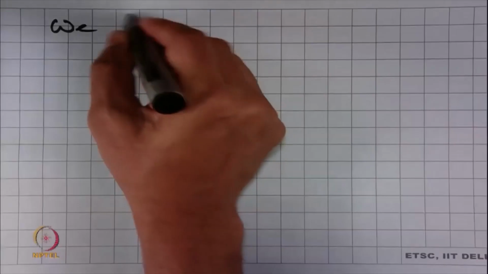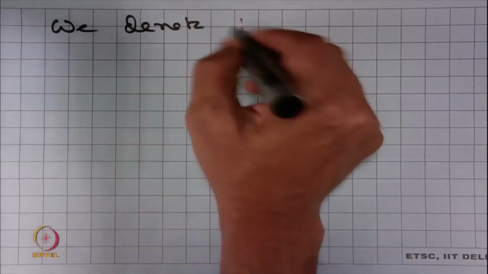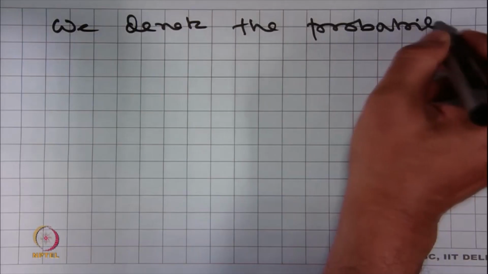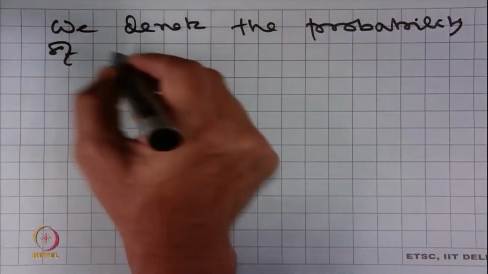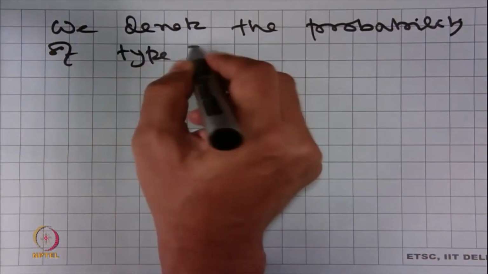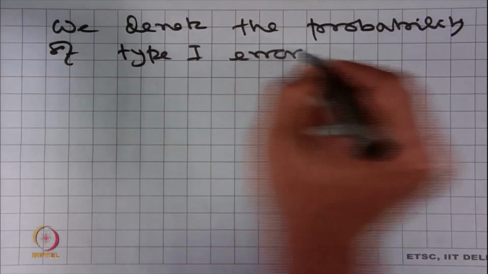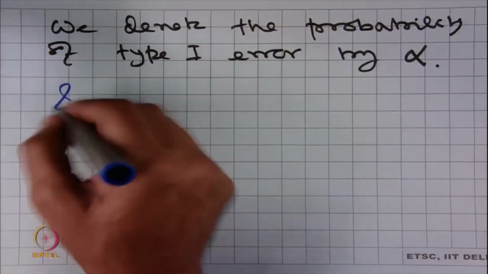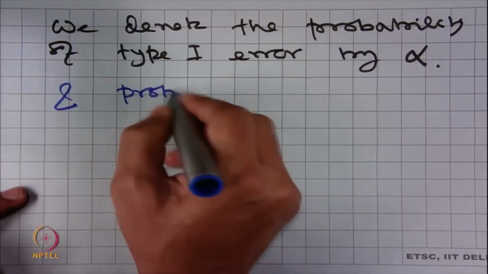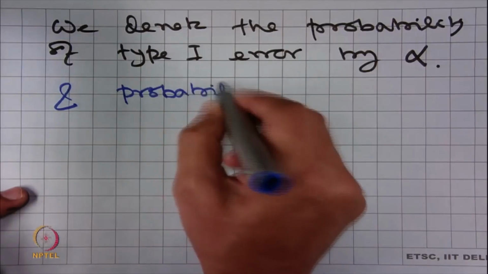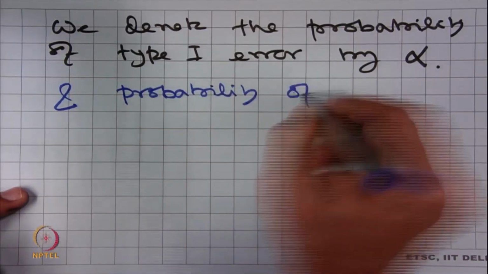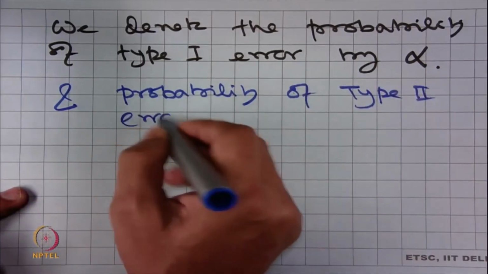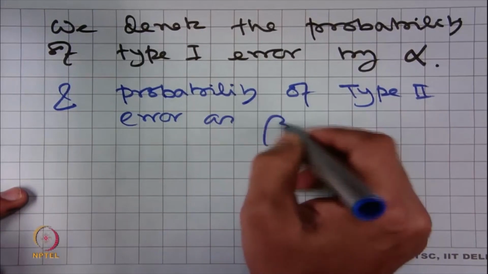We denote the probability of type 1 error by alpha and the probability of type 2 error as beta.